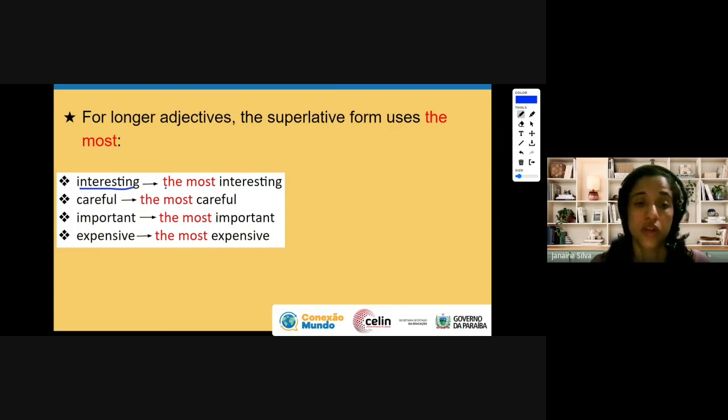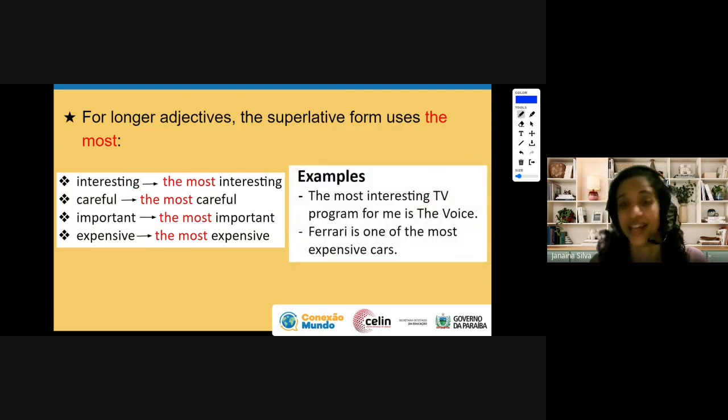Interesting became the most interesting. Careful, the most careful. Important, the most important. And expensive, the most expensive. Here, examples. The most interesting TV program for me is The Voice. Ferrari is one of the most expensive cars.